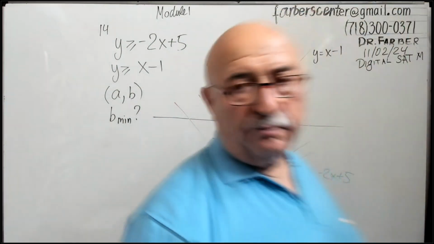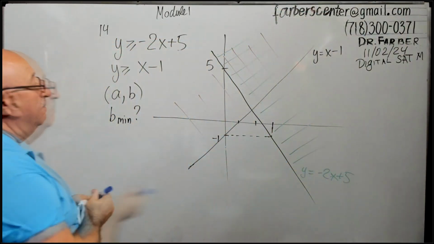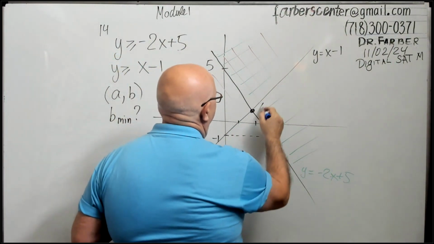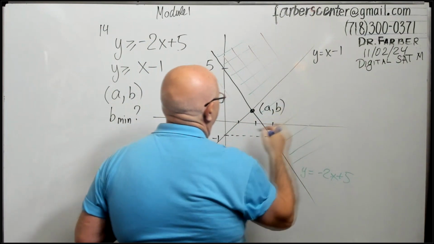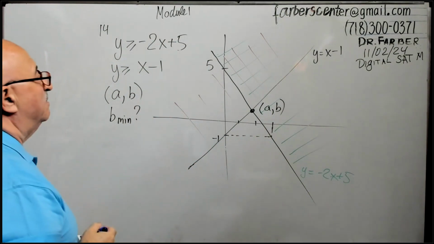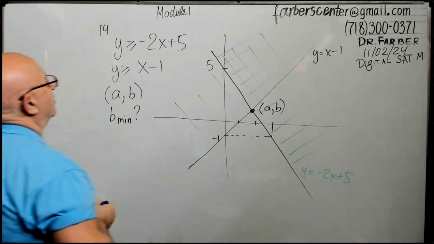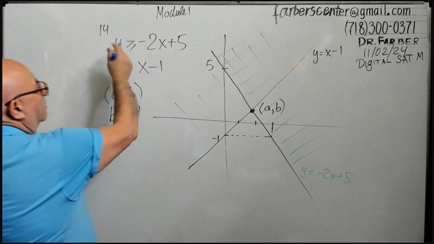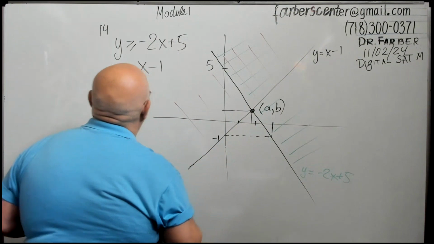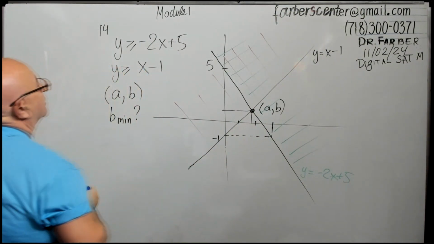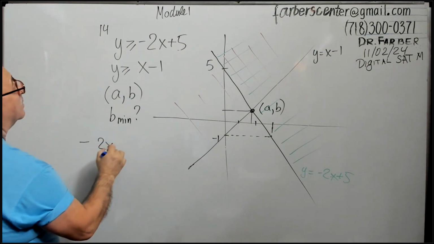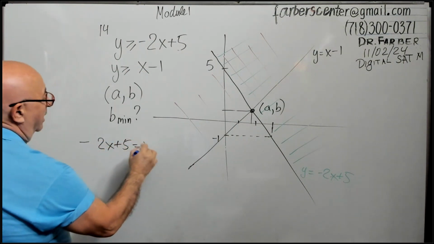Everyone knows how to solve a two-dimensional inequality, right? And this is point A and B. From here, you clearly see this is the point of intersection of two lines, right? How to find this point? When they equal, y the same and x the same in this case. So negative 2x plus 5 equals to x minus 1.